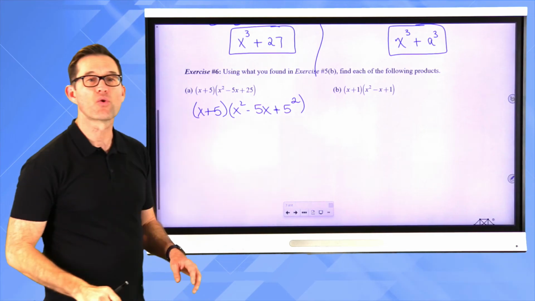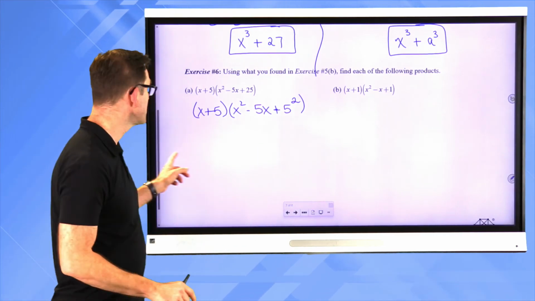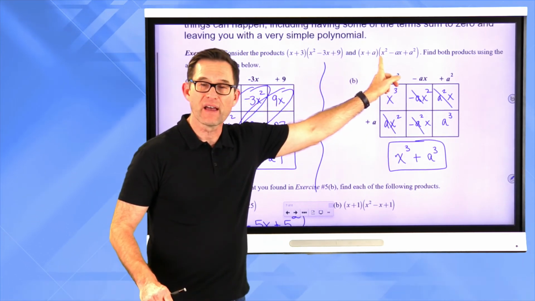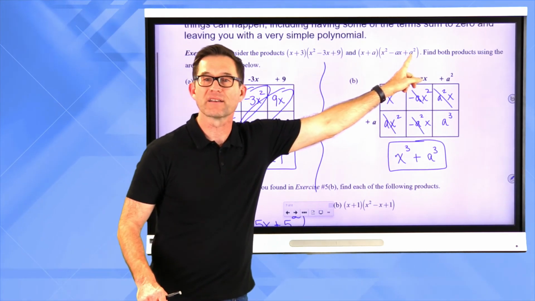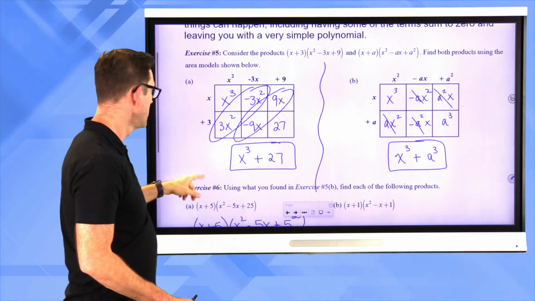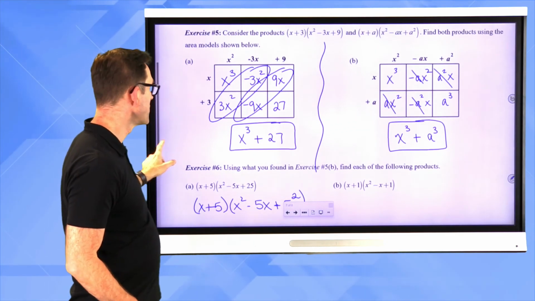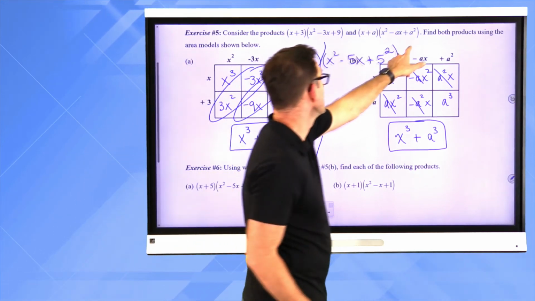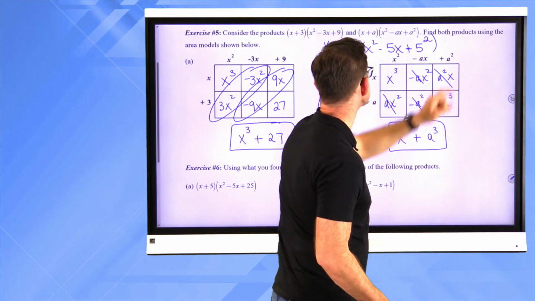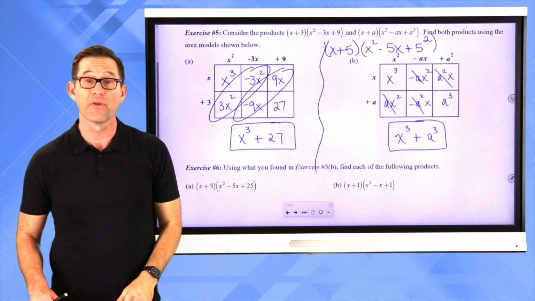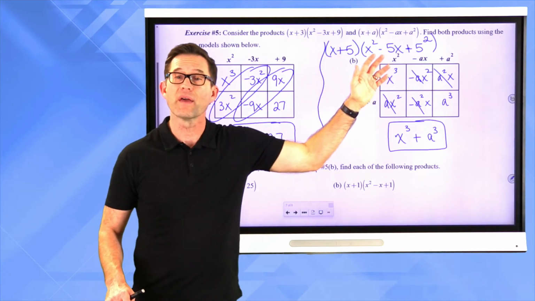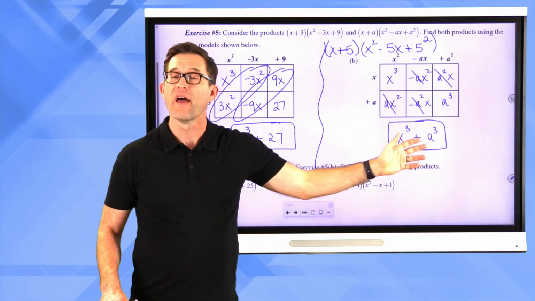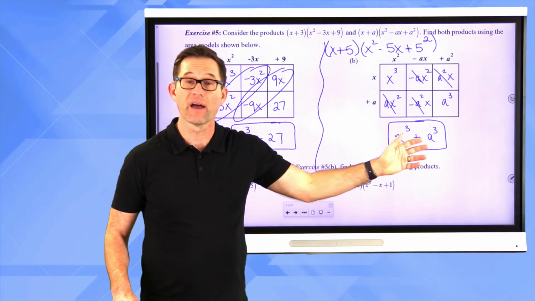This directly fits into the pattern x plus a times x squared minus a times x plus a squared. It's kind of hard to see that until I just drag it up there. Exactly the same thing. And what does this tell me? This all will end up being x cubed plus 5 cubed.